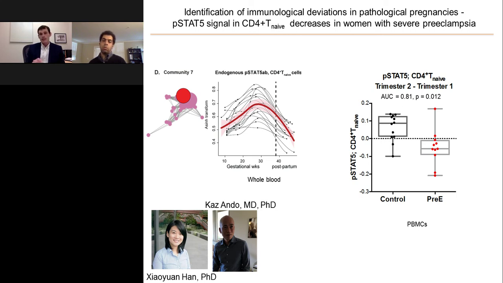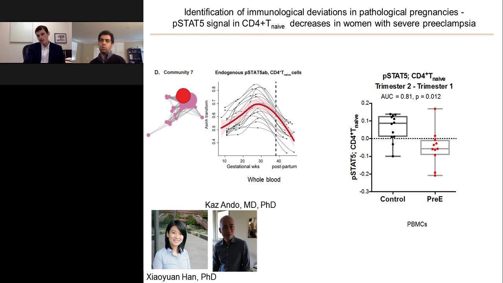And you can see that in this very, very first pass of the analysis, just looking at this one immune feature, 10 out of 12 or 9 out of 11 control patients show that their STAT5 feature is increasing during pregnancy. Here we're comparing a blood sample at the second trimester to a blood sample drawn at the first trimester. So expectedly, we see this increase in STAT5 response during pregnancy in the control women.